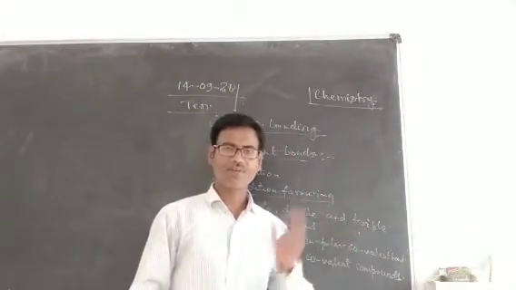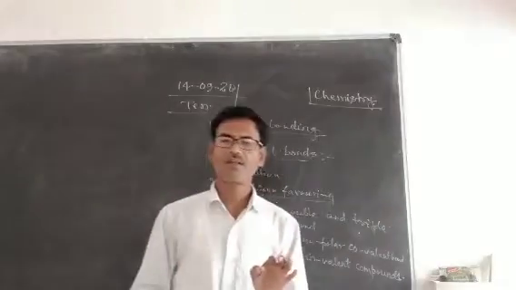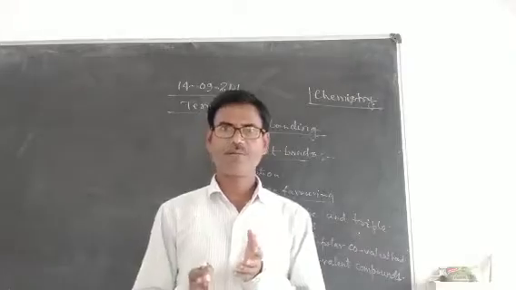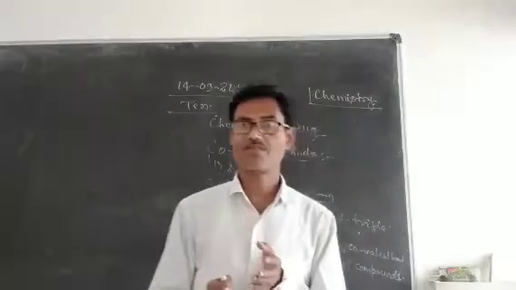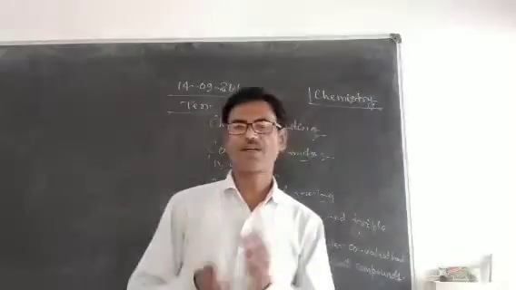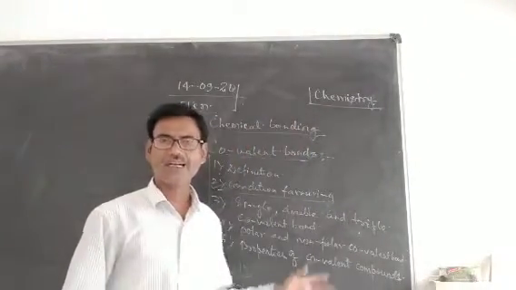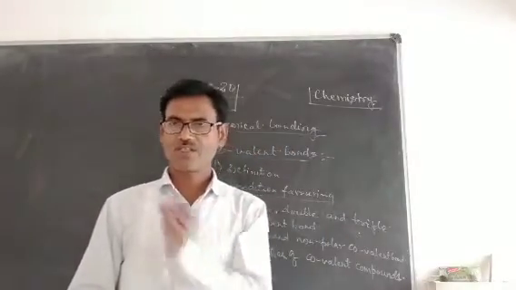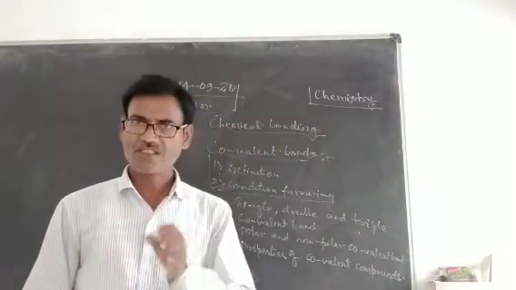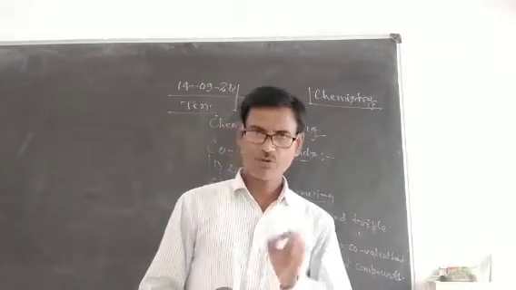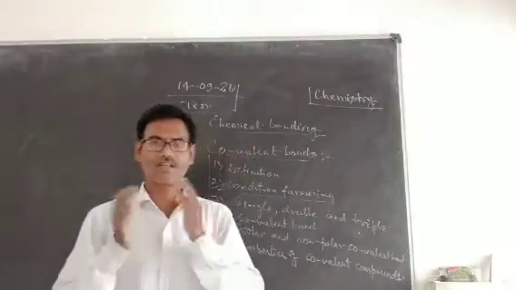The two conditions favoring the covalent bond are: the atoms must be of the same element or of different elements which have very little difference of electronegativity, and the valence shell of the participating atoms should have 4, 5 or 6 electrons.